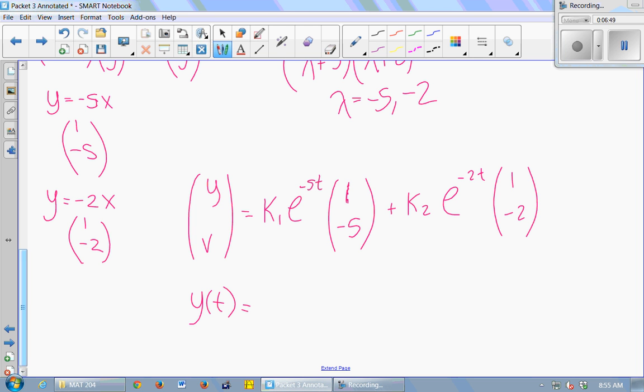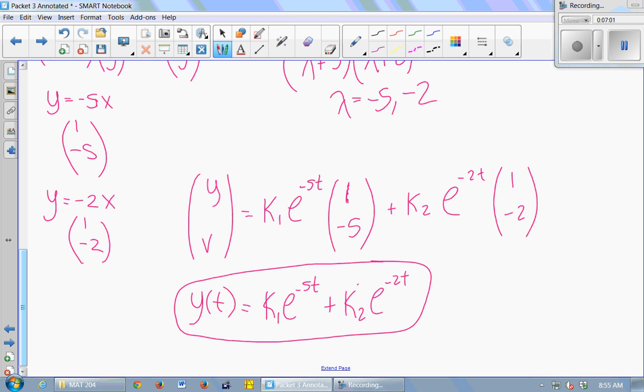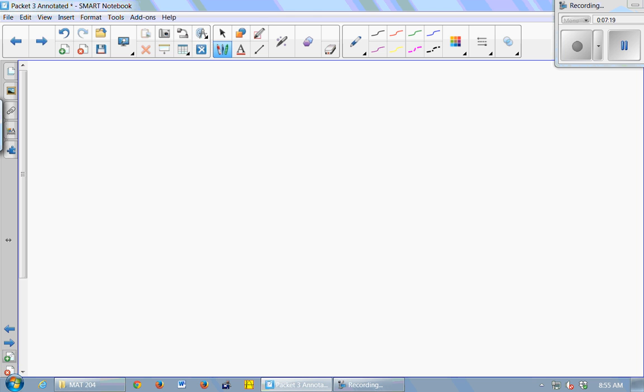So this would be k1 e to the negative 5t plus k2 e to the negative 2t. So that's the Chapter 3 method, where we turn it into a linear system and solve using eigenvalues and eigenvectors. Did you not need this after all? Okay. All right, and what's the other method?